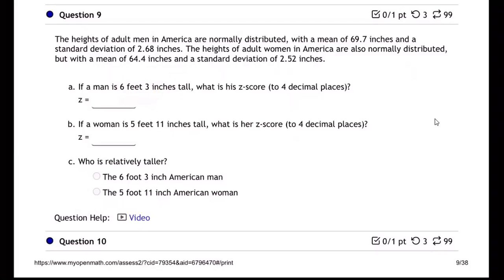So the whole purpose of Z-score, what we're about to calculate, is to be able to compare people that are in different groups.